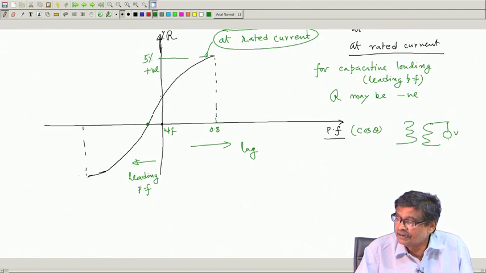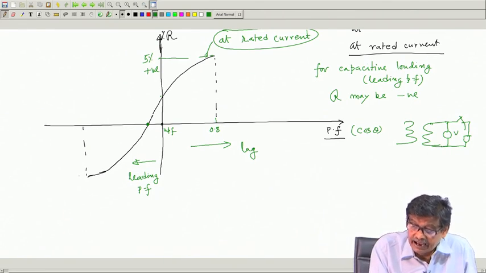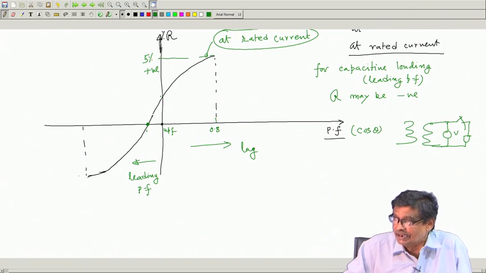This is your voltmeter. No load condition, record this voltage. Load it at rated current and at this power factor, which is leading, and you will find there is no change in voltmeter reading.